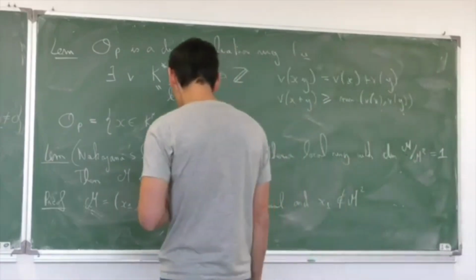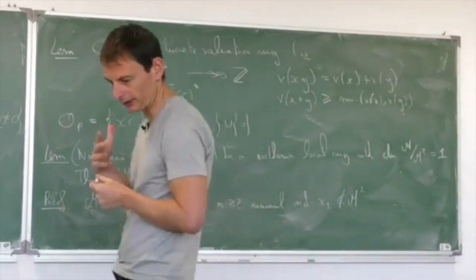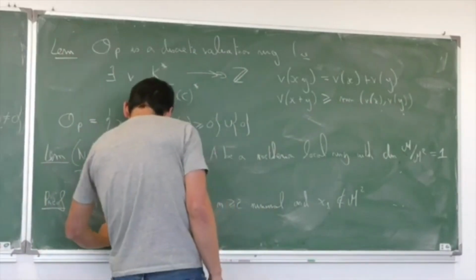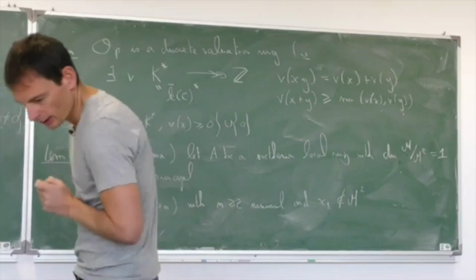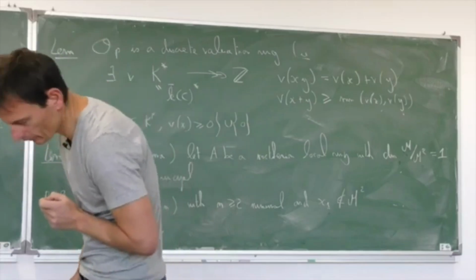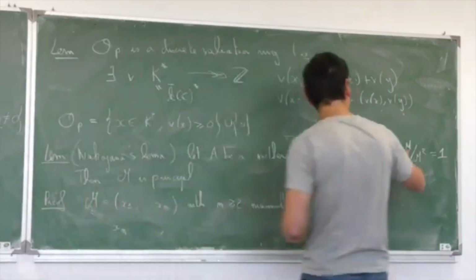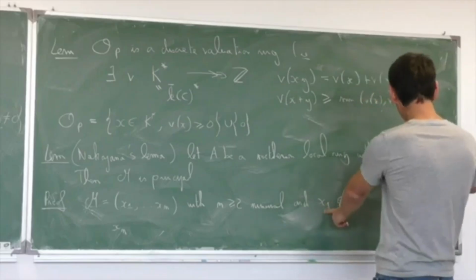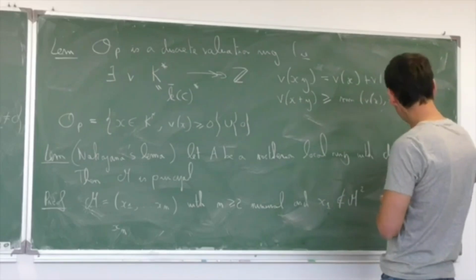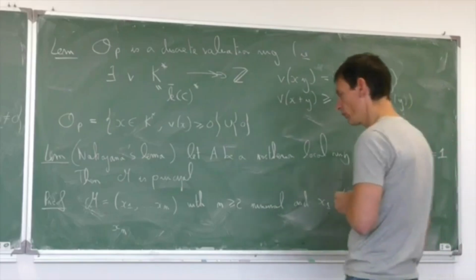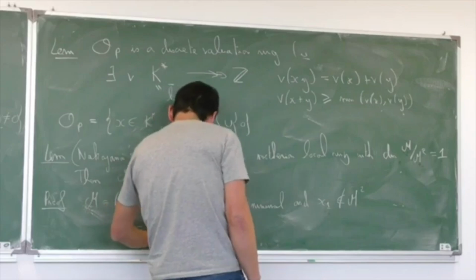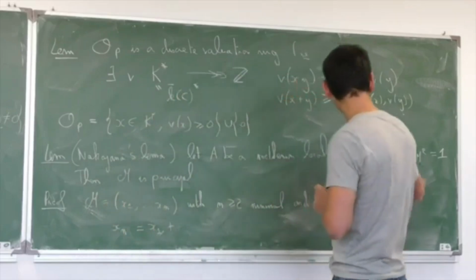So what I can do now is look at xn. xn is in M, and so I can express it as x1 plus a sum of elements inside M square.